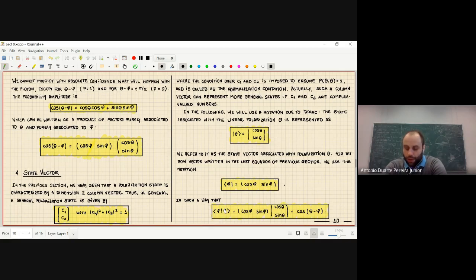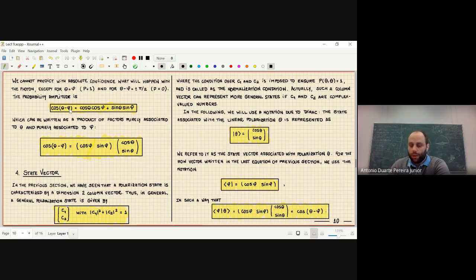If you take this row vector multiplied by this column vector, you get these two numbers multiplying these two numbers and being summed, and you go back to this expression, which is nothing but cosine of theta minus phi.